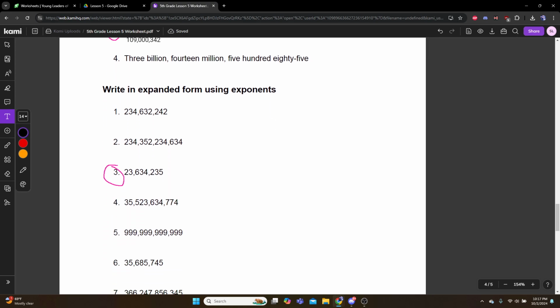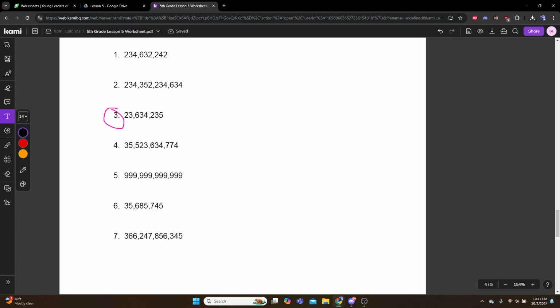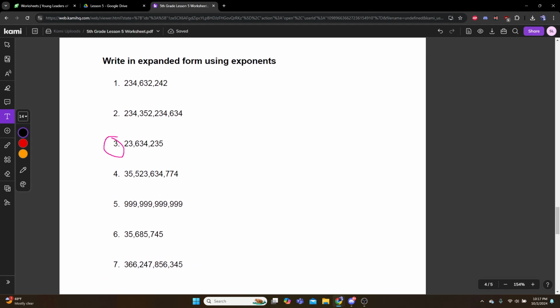Now write in expanded form using exponents. So we look at the 2 first. We do it like we would normally with standard form, but instead of writing all the zeros out, we would just replace them with 10 to the power of an exponent. So this would be 2 times 10 to the power of, it would have 1, 2, 3, 4, 5, 6, 7 zeros.